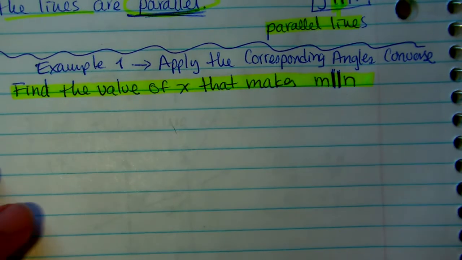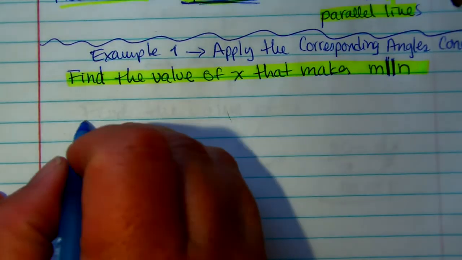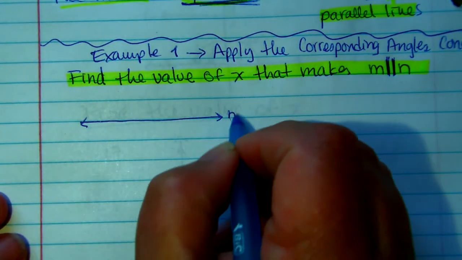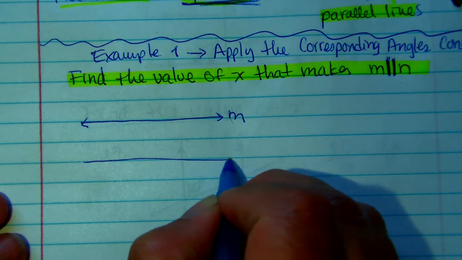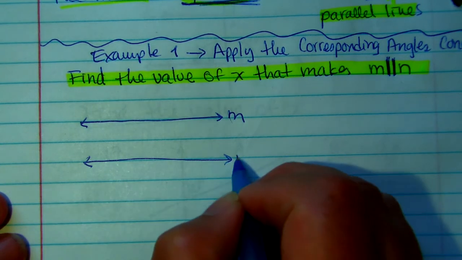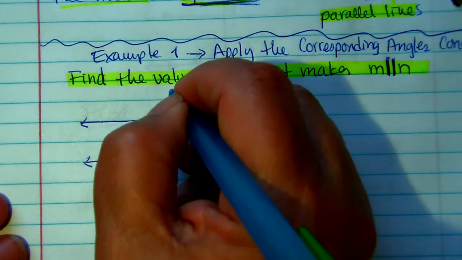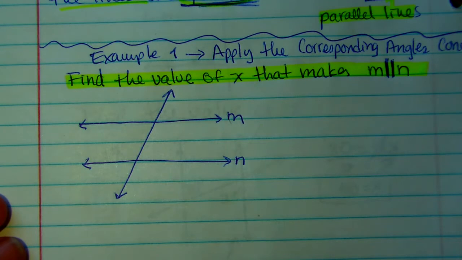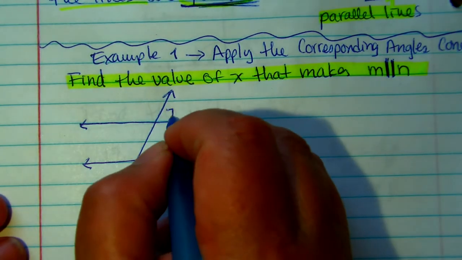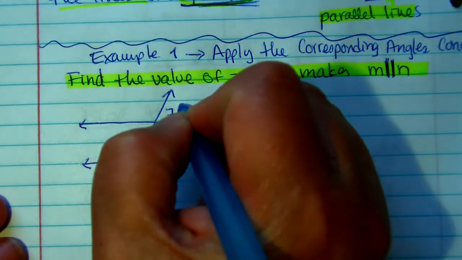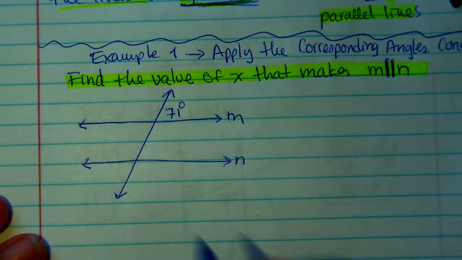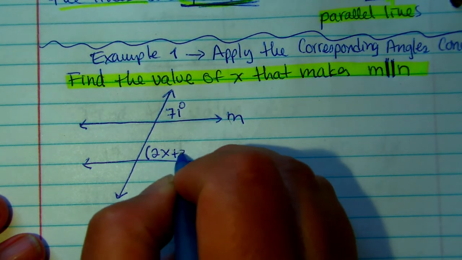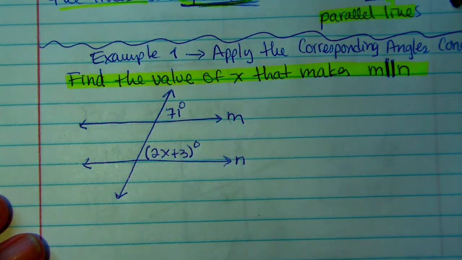All right, so here's what we have. This is the diagram. Here's line M, and here's line N. Here's the transversal. This is an angle of 71 degrees. And this one over here is 2x plus 3 degrees.